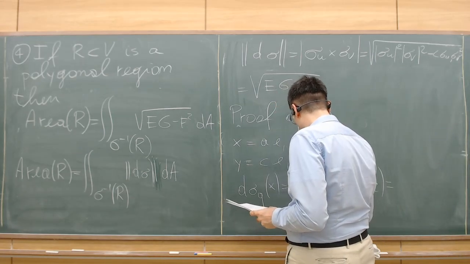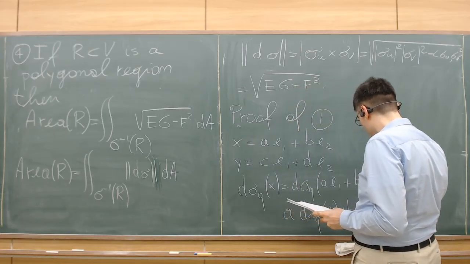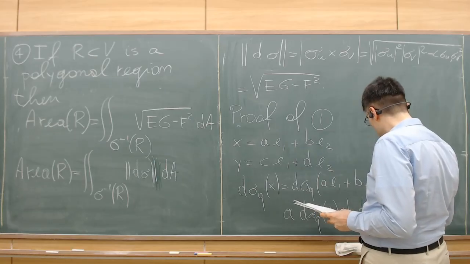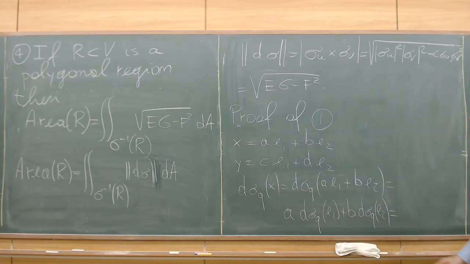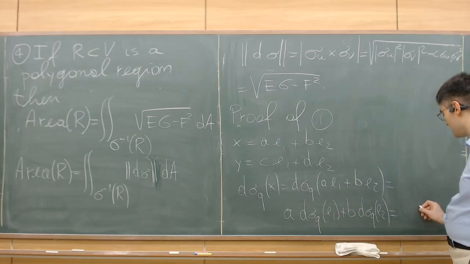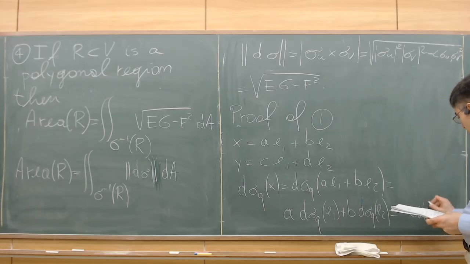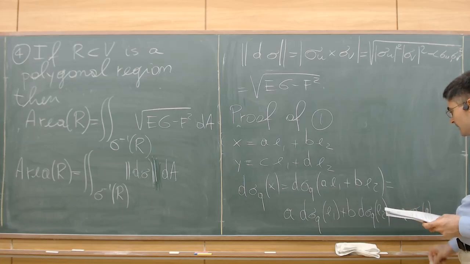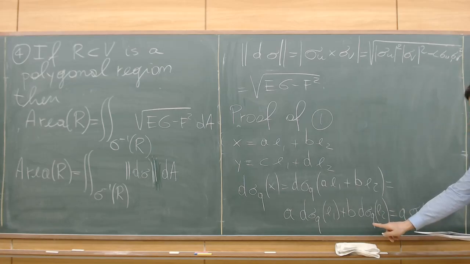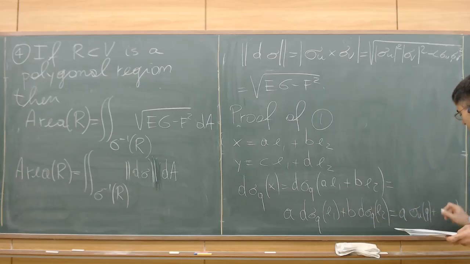This is equal to a d sigma q e1 plus b d sigma q e2. But what is the derivative of sigma in the direction e1? It is sigma u at q, multiplied by a, and for the same reason, the derivative of sigma in the direction given by e2 is sigma v q, to be multiplied by b.